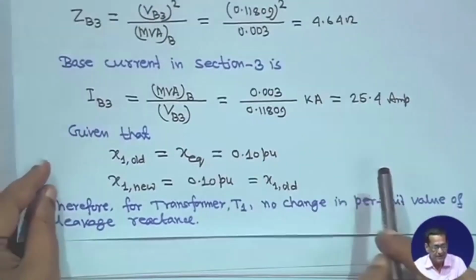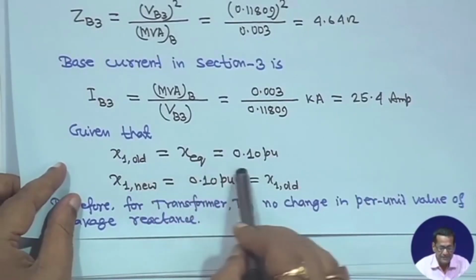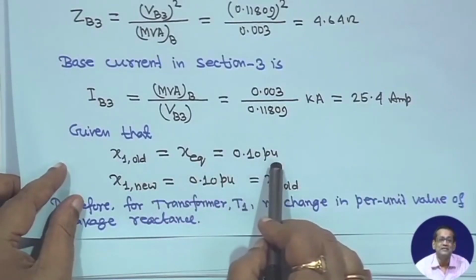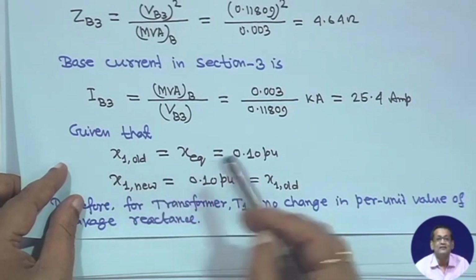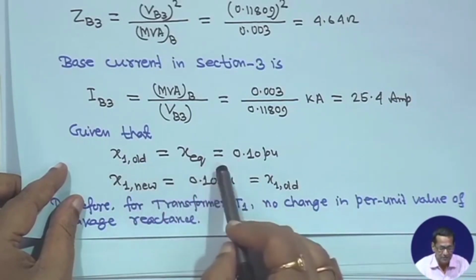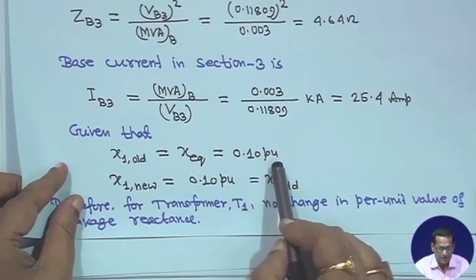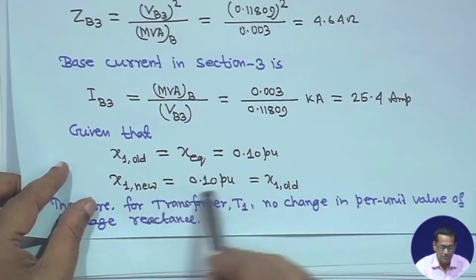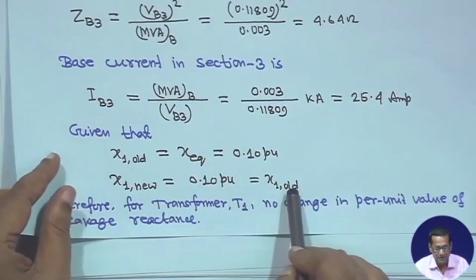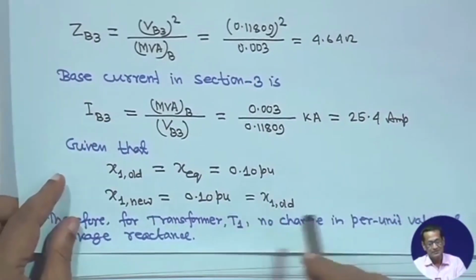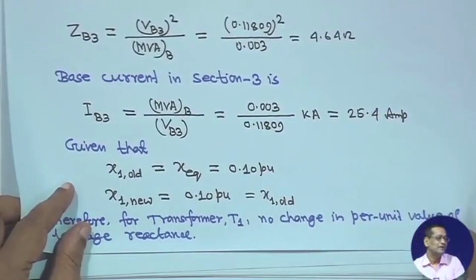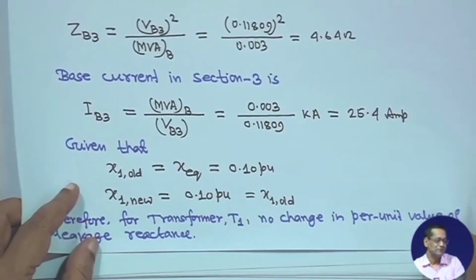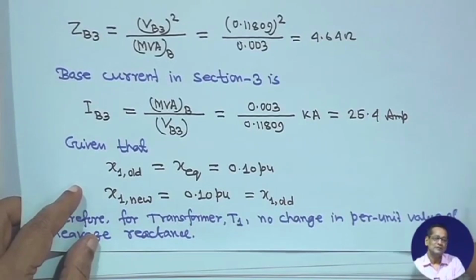Now, it is given x1 is equal to 0.10 per unit. This is actually the old value, so we are writing it because we have to convert it to the other base. So, x1 old is equal to 0.10, but x1 new is also 0.10 per unit, because this is for the transformer. Its rating is 3 kVA, that is 0.003 MVA, and 230 volt is the base.